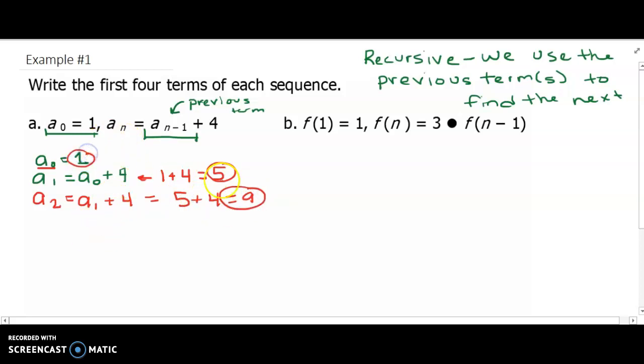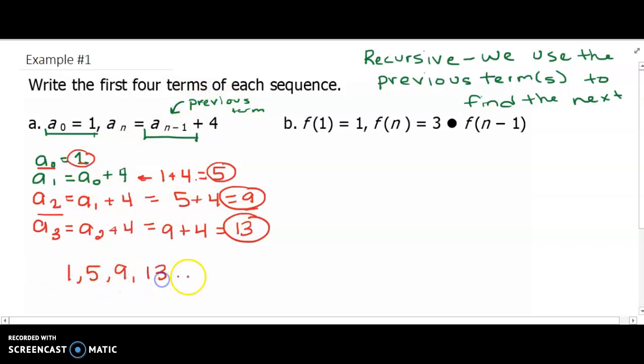Here's our first term, second term, third term. A sub 3 is a sub 3 minus 1, which is just a sub 2, plus 4. And a sub 2 is 9, which is 13. So the first 4 terms would be 1, 5, 9, and 13, so on and so forth.